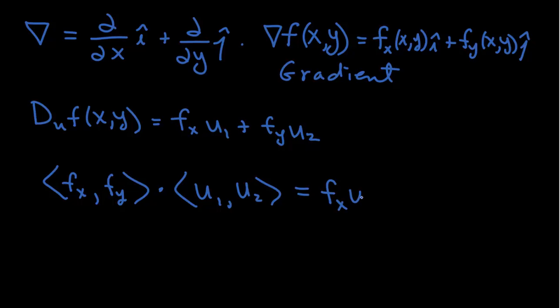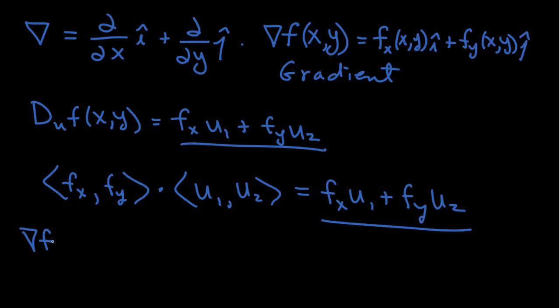We get, so it looks like what we have here, and notice that this is the same as that. So it looks like we have another way to view, or another way to talk about a directional derivative. We can say this: it's going to be the gradient dotted with the direction.